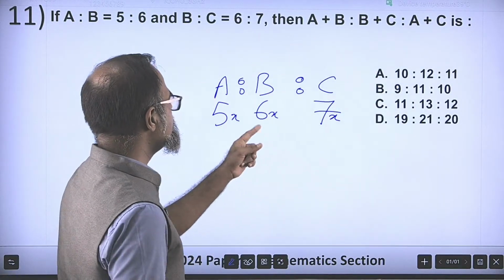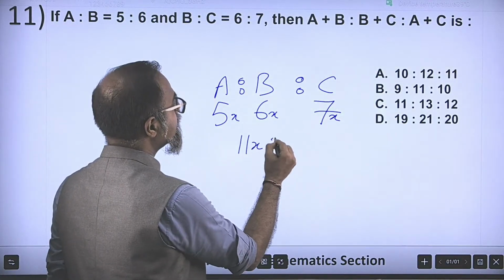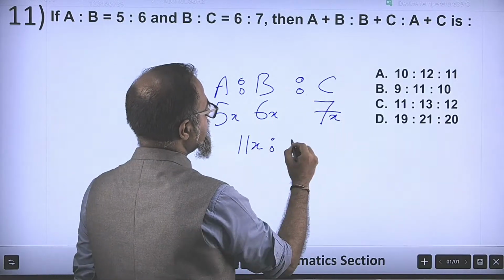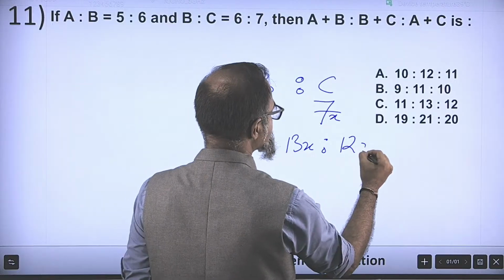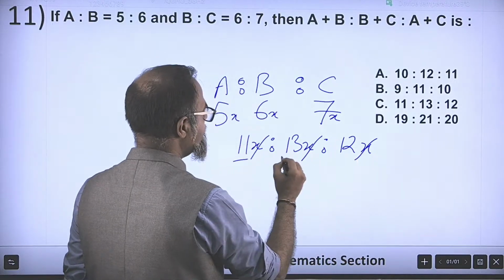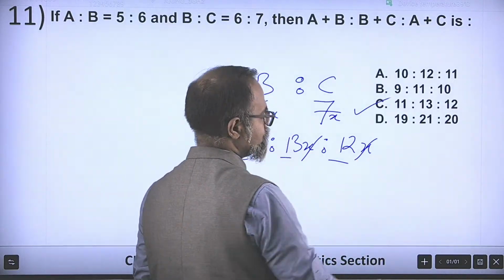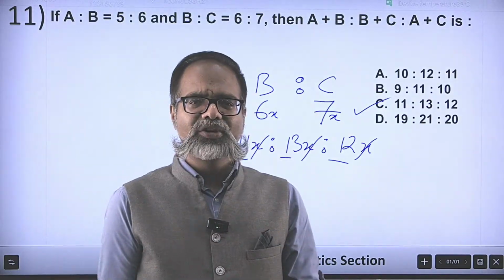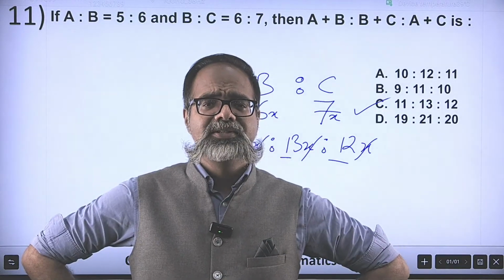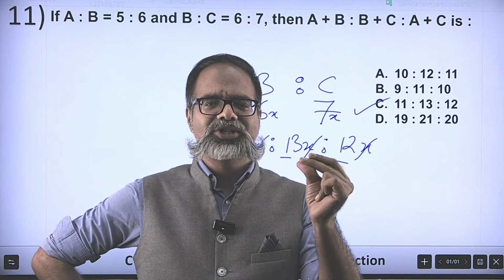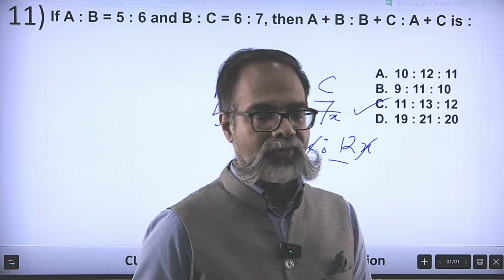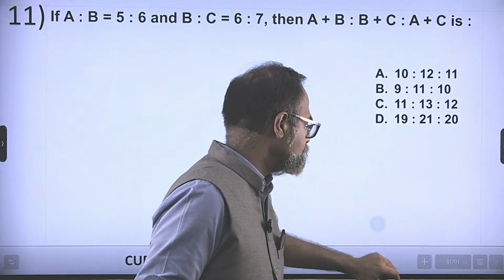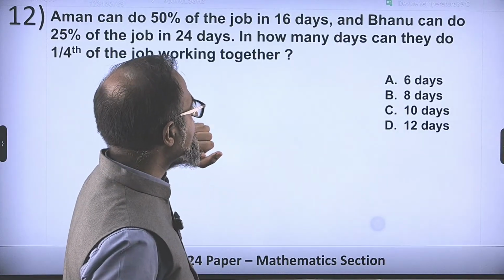So A plus B is 11x, B plus C is 13x, A plus C is 12x. So x is common, and the ratio is 11 is to 13 is to 12. Option C, mark it, move ahead. I don't even know why we need a pen and pencil for this. Right? It's a 5-10 second question. Crack it and jump. Done. Okay, so now, next one.